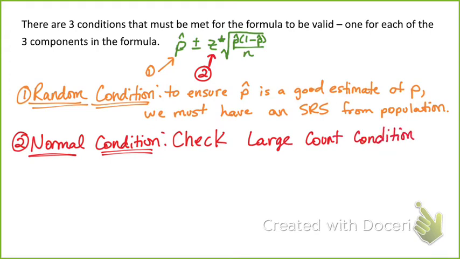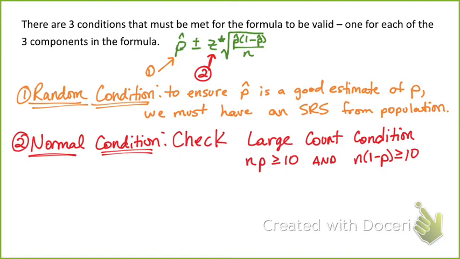Now, you guys know the large count condition, right? It's n times p larger than or equal to 10, and then n times 1 minus p also equal to or larger than 10. Oh no, you guys, we have a problem. How am I supposed to do n times p when I don't know p? P hat. Stick a hat on it, you guys.